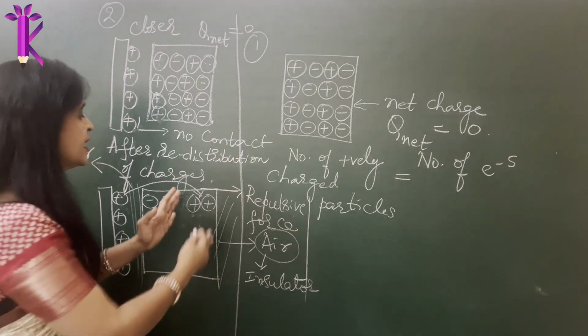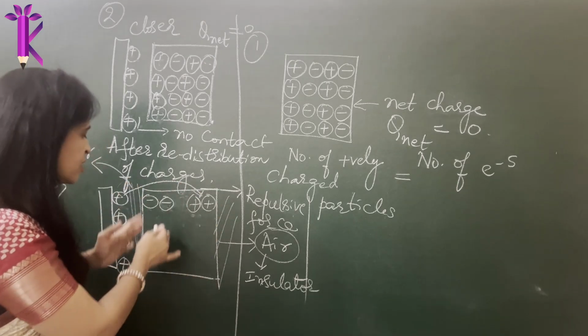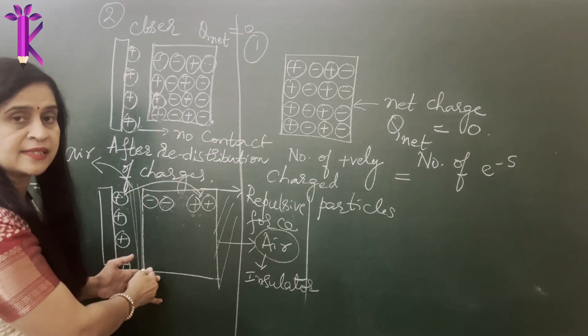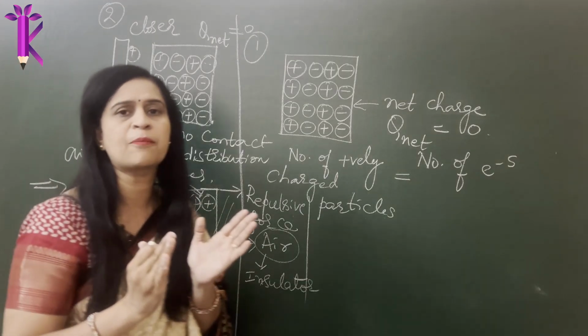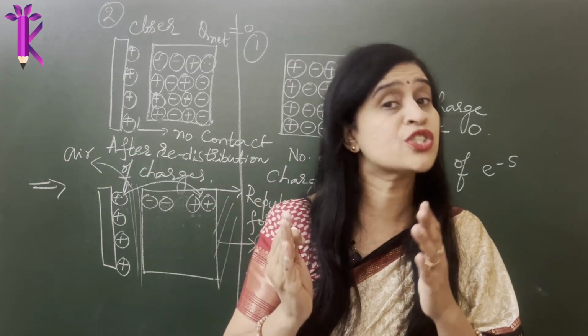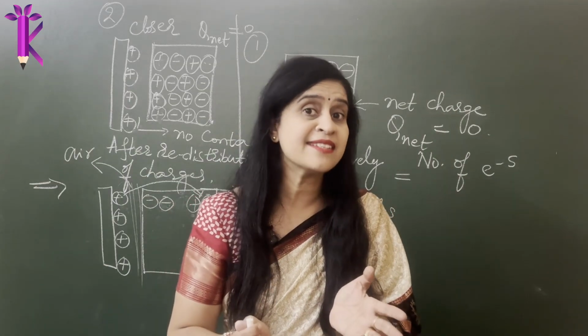So you see a buildup of positively charged particles on one end, and a buildup of negatively charged particles on the other end, only due to the fundamental property of electrostatic charges, which says that like charges repel and unlike charges attract.